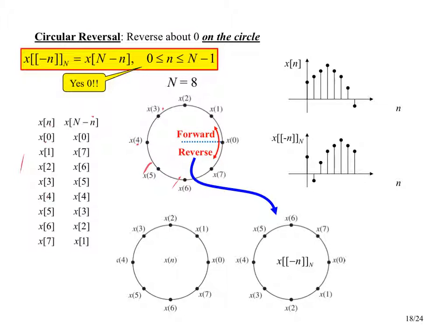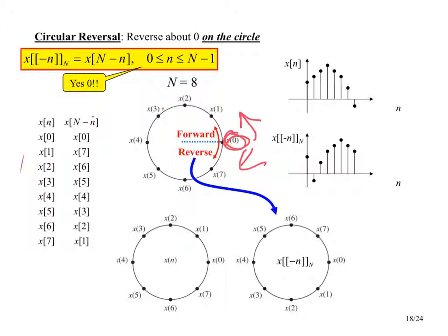This is exactly like what we think about for just time reversal on a linear axis. Now we're going to do time reversal on a circular axis. So we start here, instead of going in this direction, we're going to go in this direction, but we start at the same place. So we go 0, 7, 6, 5, 4, 3, 2, 1.